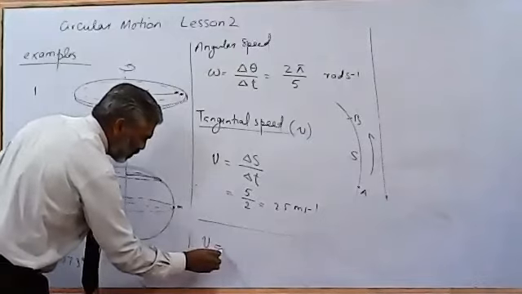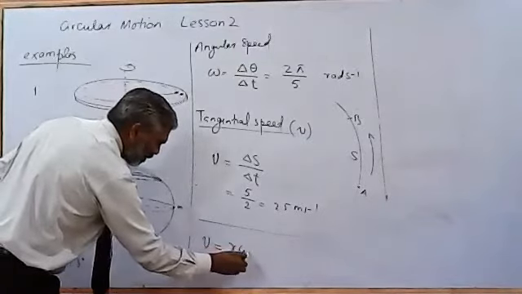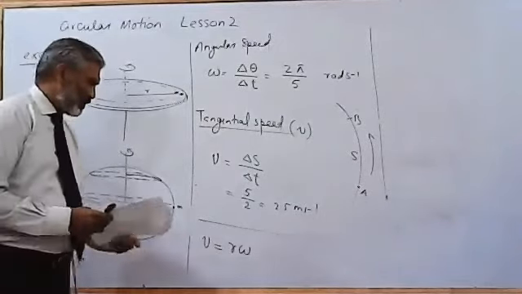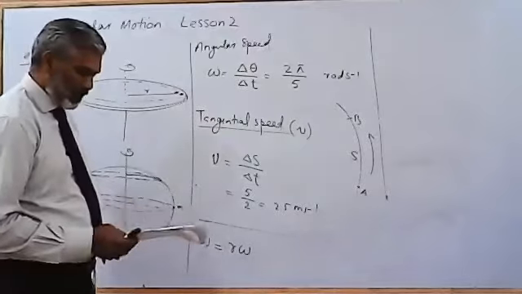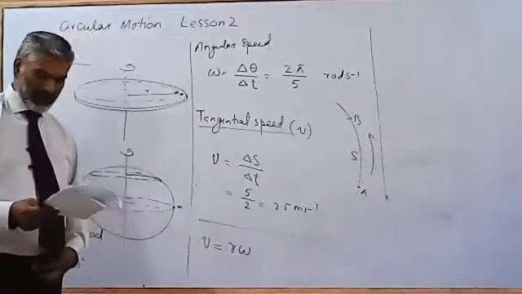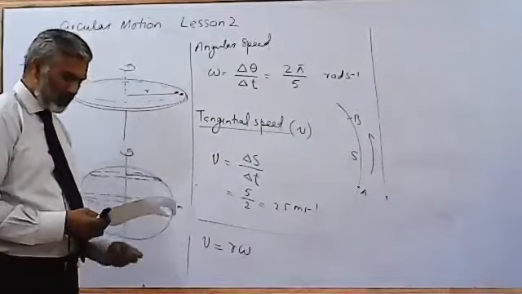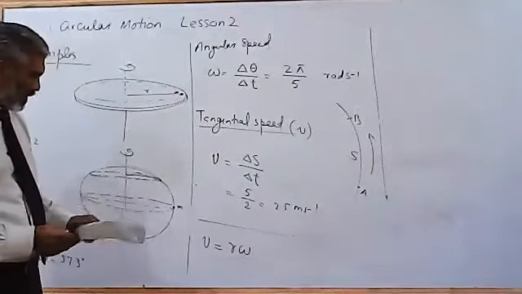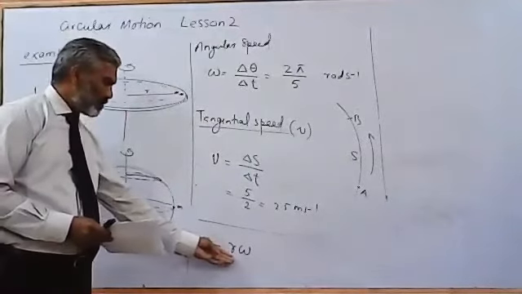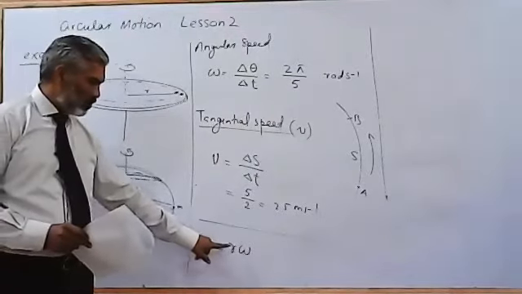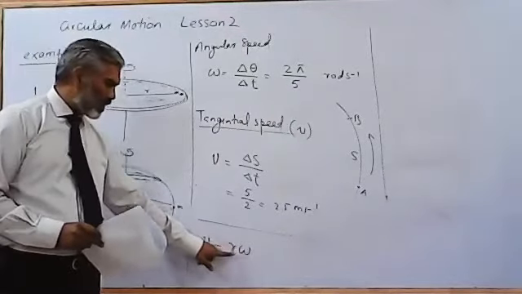V is equal to R omega. This is very important to understand. Many questions that we'll discuss later on will depend on this equation. V is equal to R omega relates tangential speed to angular speed through radius.